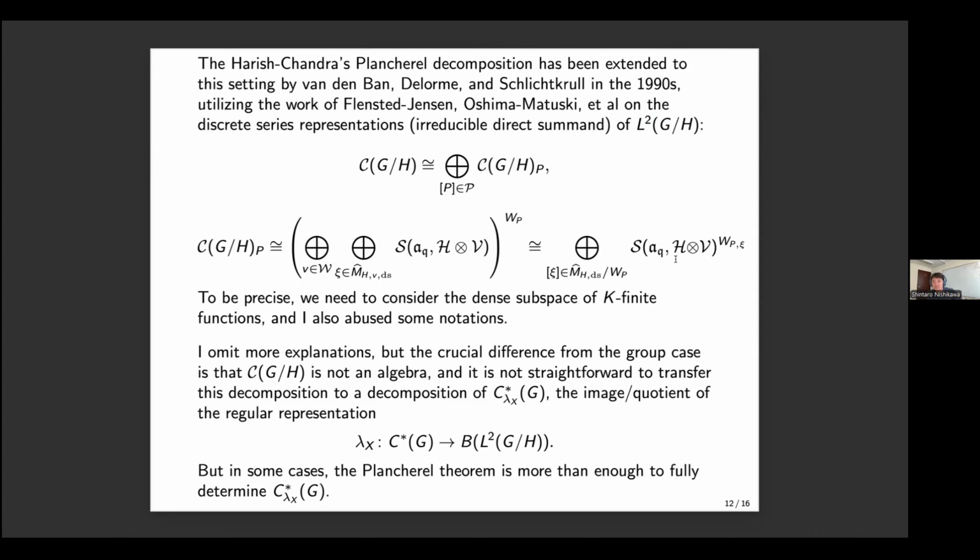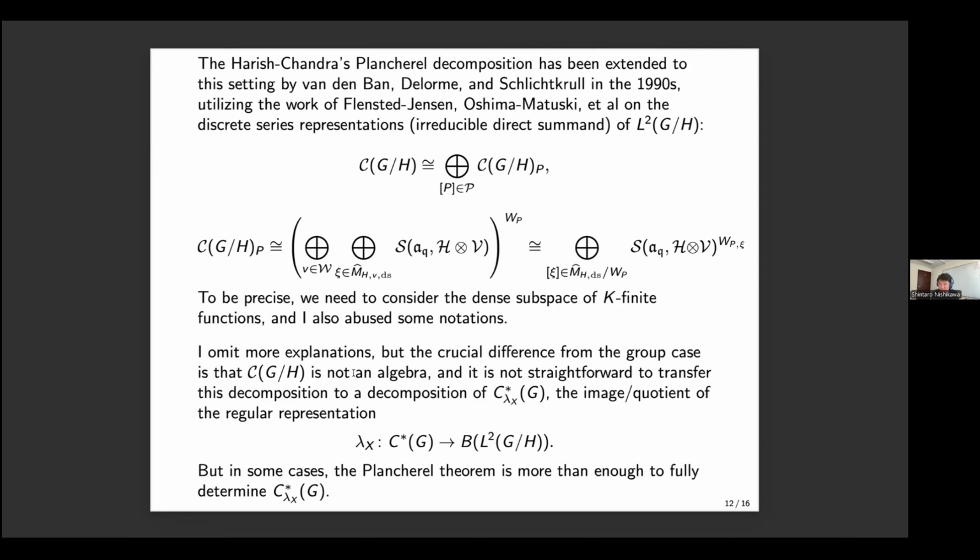You have a nice decomposition, and this is just a function on A_Q valued in a big Hilbert space, and on the generic fiber, this corresponds to irreducible representations. So this parameterizes the representations happening in L2(G/H) into irreducibles nicely in specific forms. To be precise, I should have considered some dense subspace of that, and also abused some notation. But the message, I hope, was that there's a beautiful story here.